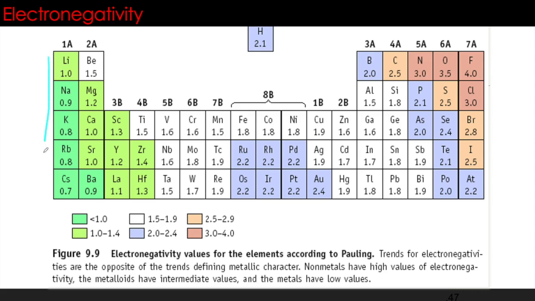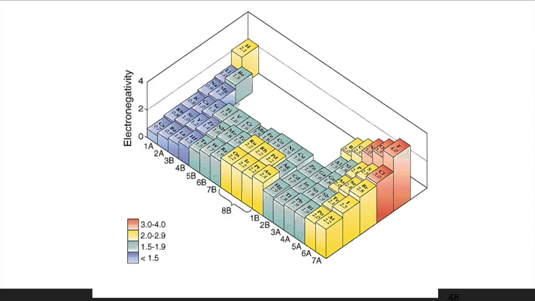And when we go down a group, there is a decrease, but if you notice, the decrease is not that dramatic. It's very gradual. This is a three-dimensional graph of decrease in electronegativity value down a group and increase in electronegativity value across a period. So across a period, this is the increase in electronegativity value.